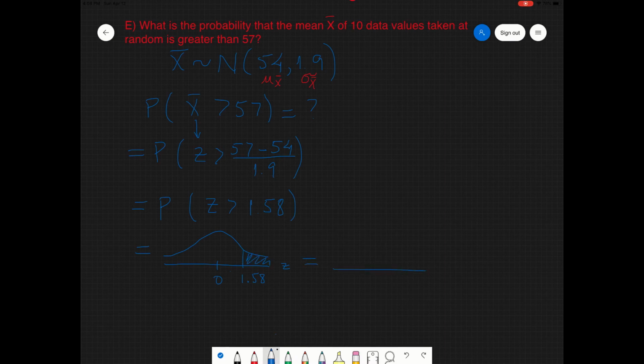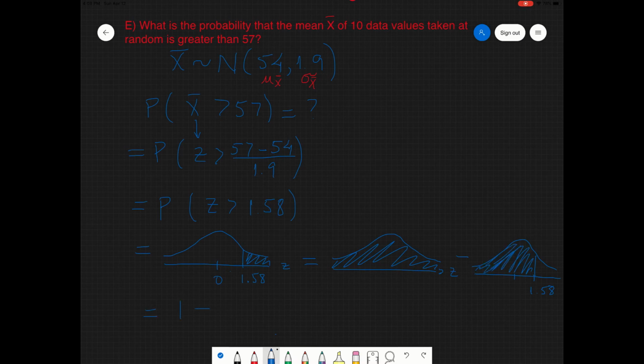To compute right side areas, we subtract from the total area under the standard normal distribution. The total area is 1 minus the area to the left of the z-score of 1.58.